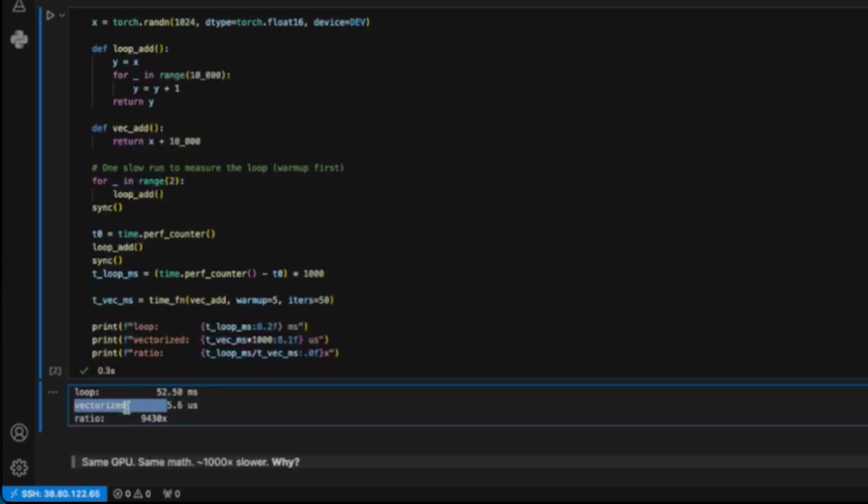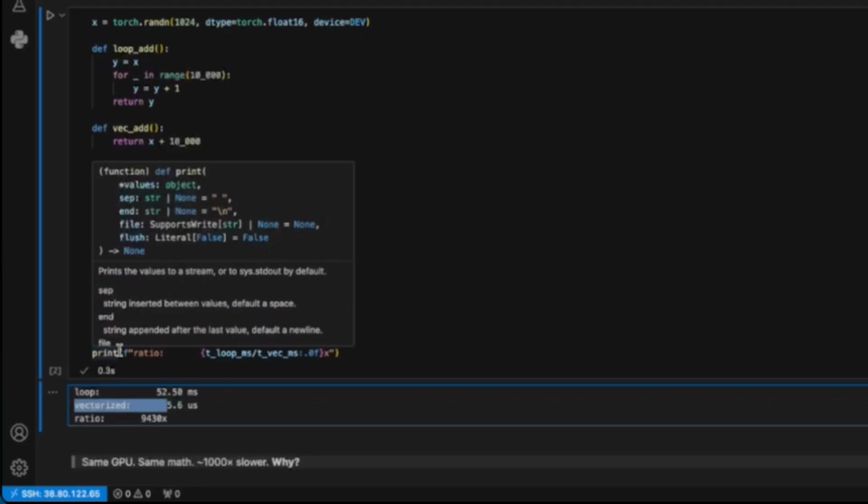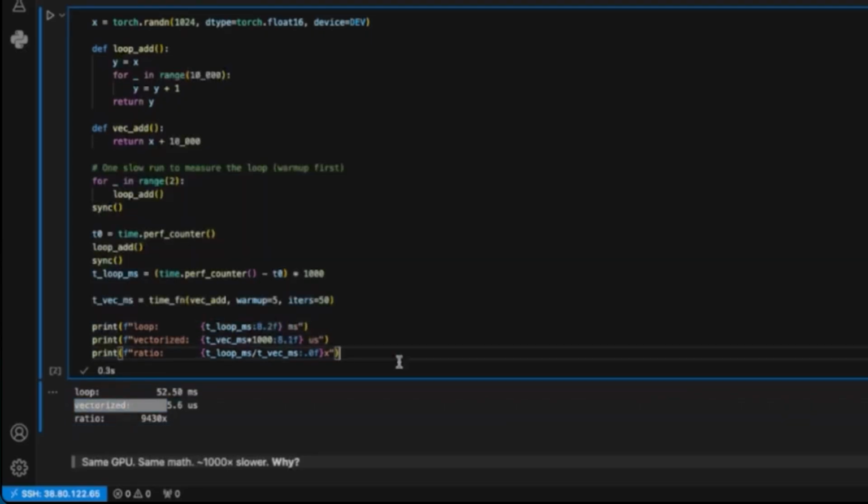The answer is that these two programs are dealing with two different kinds of bottlenecks. Throughout this talk, I'll be talking about three bottlenecks. And hopefully by the end of this talk, you can look at any program running on a GPU and tell which bottleneck it's hitting, which will then give you a better picture of what to optimize.